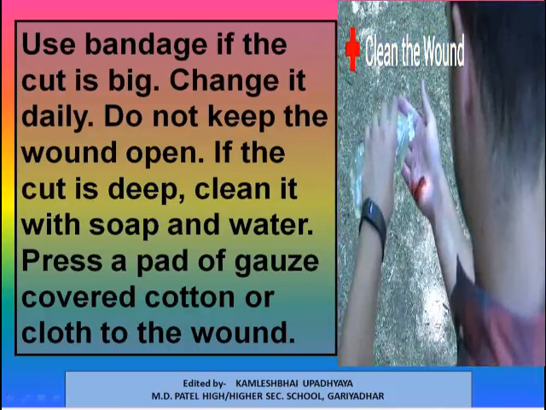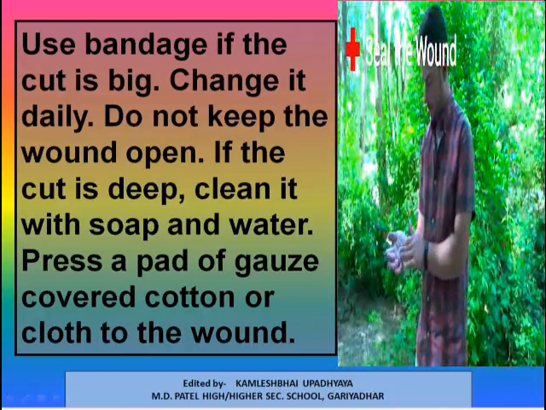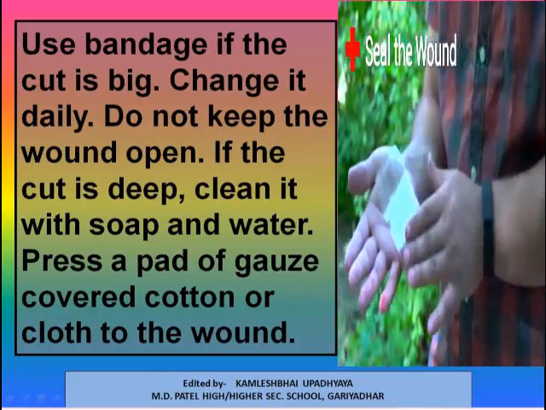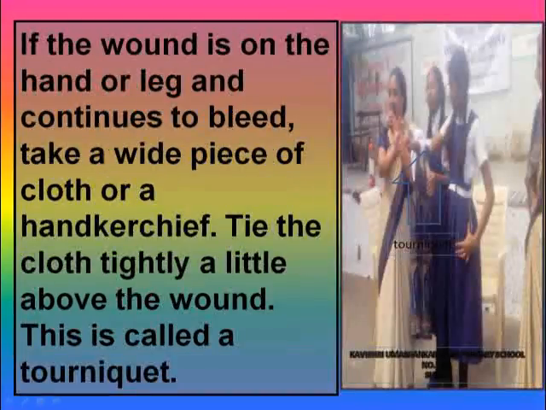If the cut is deep, clean it with soap and water. Press a pad of gauze covered with cotton or cloth to the wound. If the wound is on the hand or leg and continues to bleed, take a wide piece of cloth or a handkerchief. Tie the cloth tightly a little above the wound.